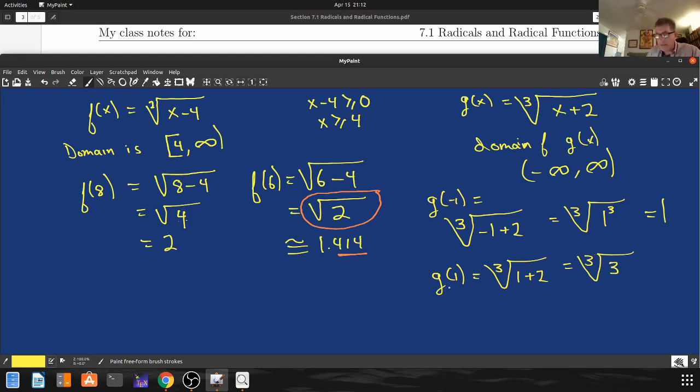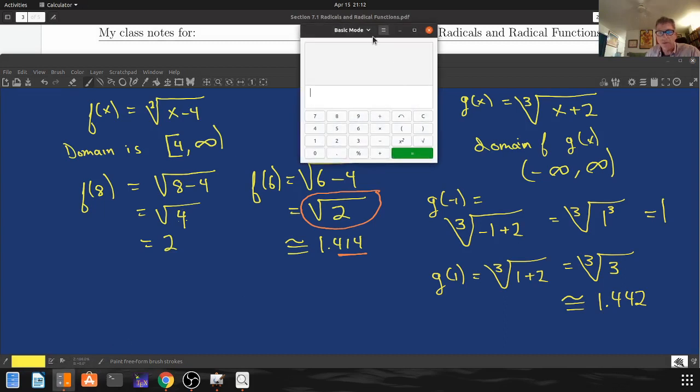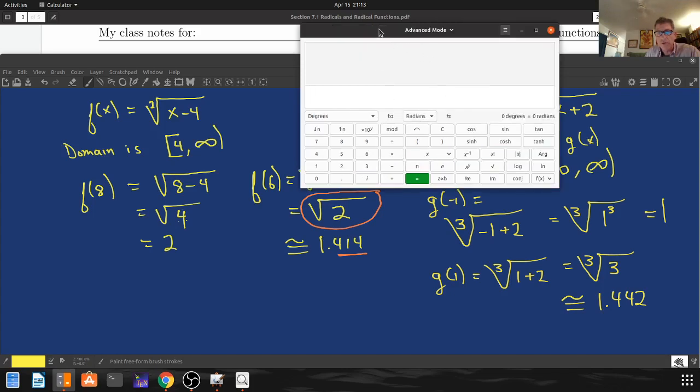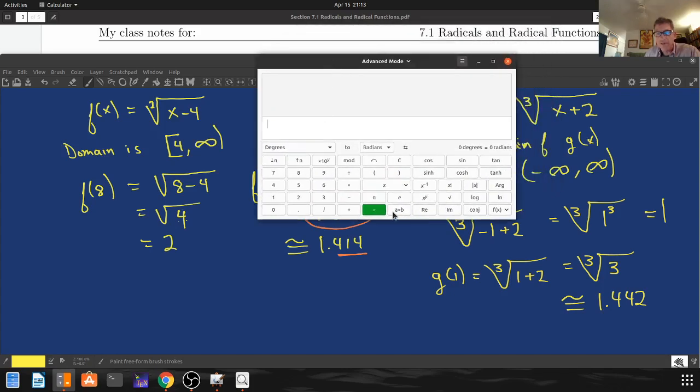And that's about, according to my notes, if you were asked to approximate it with decimals, about 1.442. Since a calculator could be involved in your My Math Lab homework, let's bring up a calculator so you'll know how to use that. I'm using Linux, so I don't have the same programs that you all do, but I do have this calculator.